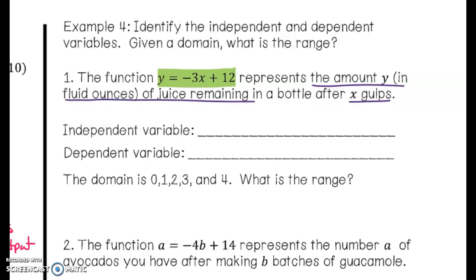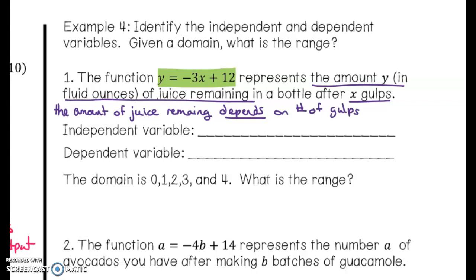So think about it this way, okay? And you don't have to write this down. I'm just giving you something to kind of see in front of you. So what's correct is that the amount of juice that's left in the bottle specifically depends on the number of gulps you've taken. So if you take more gulps, there's less juice left.